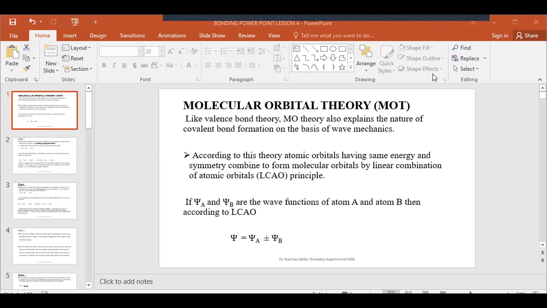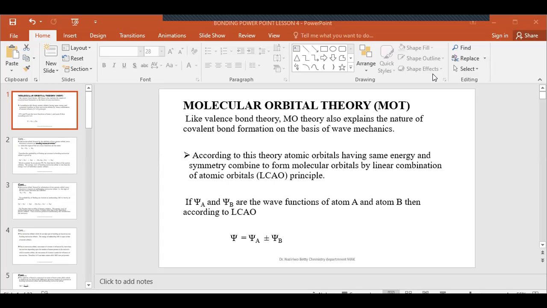A wave function is a mathematical function that describes or gives information about a microparticle. A microparticle can be an electron, a proton, you can name them.